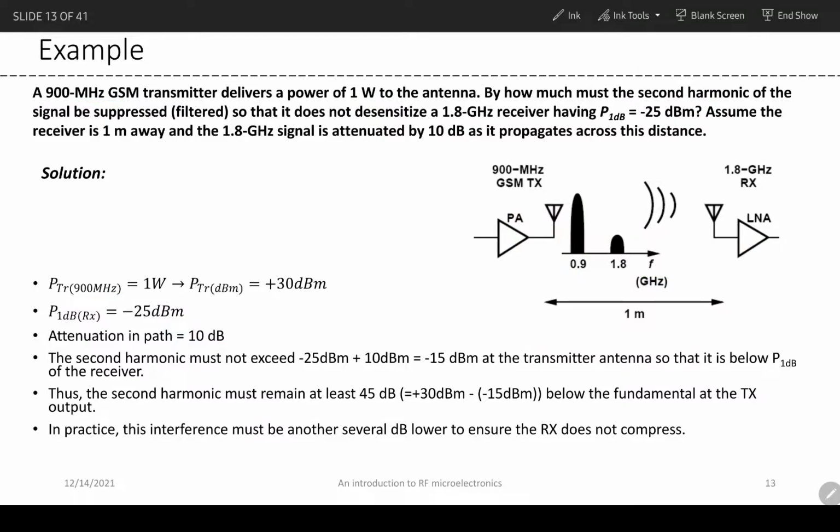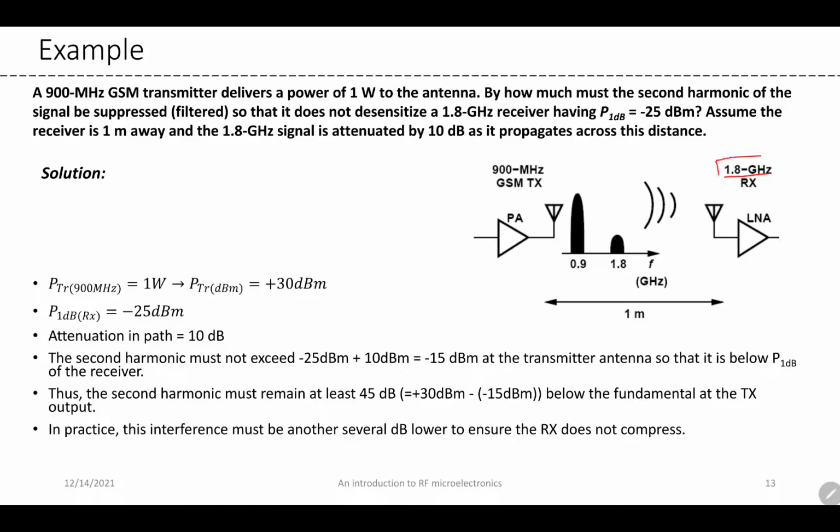Let me clear this and let me repeat in a summarized fashion. We want the received power at 1.8 gigahertz to be minus 25 dBm or lower. There is an attenuation of 10 dB, which means that the delivered power at 1.8 gigahertz should be less than minus 15 dBm. We also know that the transmitted power of the fundamental is plus 30 dBm.